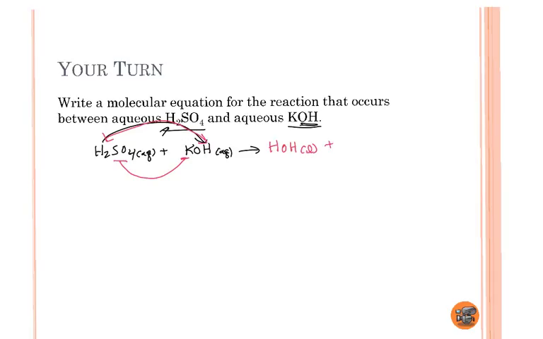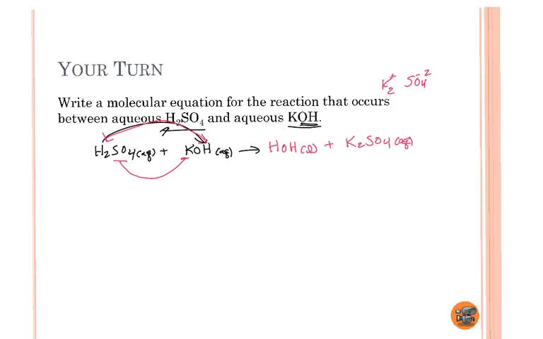And the inside ones give us K2SO4. Recall that the sulfate has a -2 charge, so I need 2 potassiums because each potassium is a +1 charge in order to balance out the charge. So this is potassium sulfate now, and this is in the aqueous form.